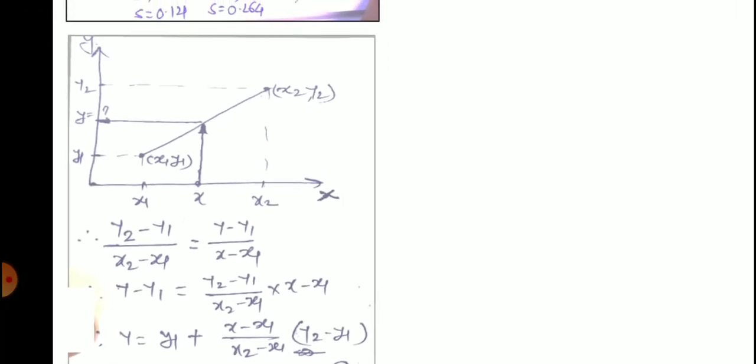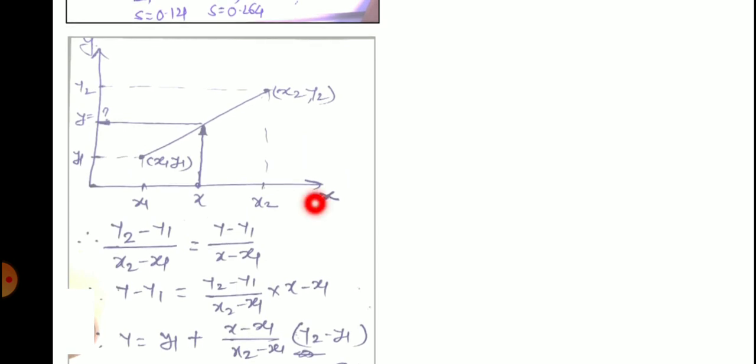When x1, y1 and x2, y2 are known, we have to find out the value of y when they have given the value of x. If I join x1, y1 and x2, y2, this will become one line. What is the equation of that line? The equation of the line will be (y2 minus y1) upon (x2 minus x1) is equal to (y minus y1) upon (x minus x1). This is basic mathematics, we know that.